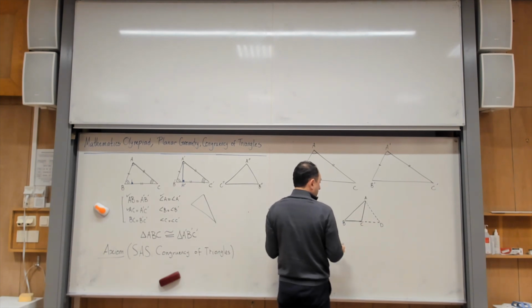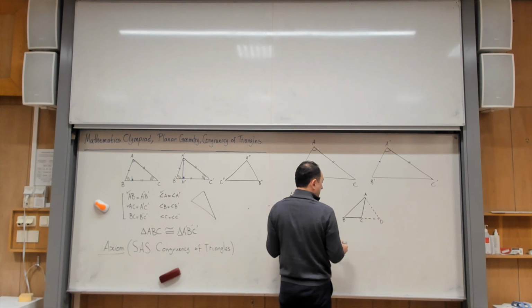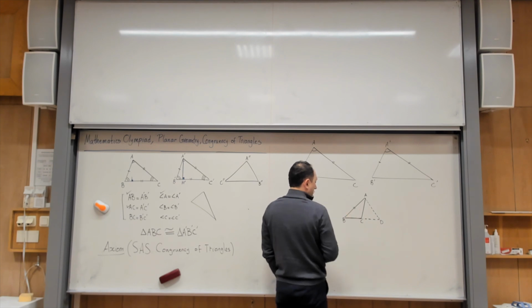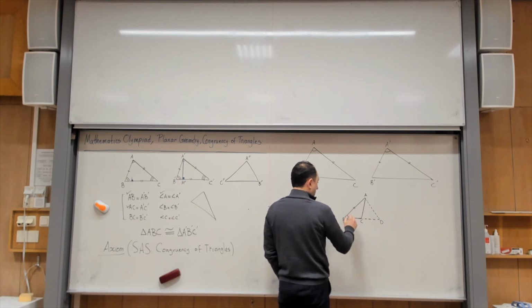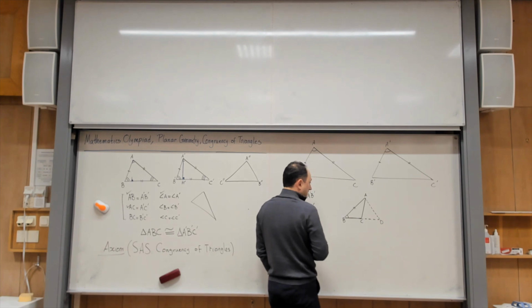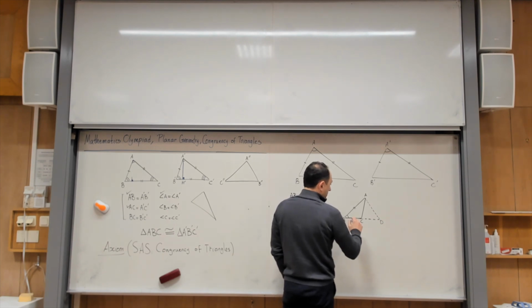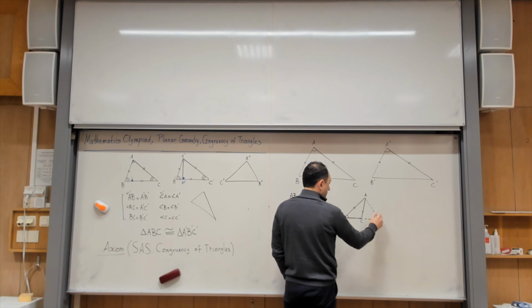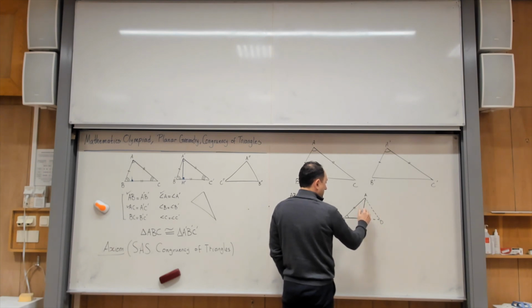So I want to consider this bigger triangle. So let me consider this AB, and then let me consider this angle also B, and then let me also consider this angle, let me put one. So let me consider this triangle here, you see, is an isosceles triangle.